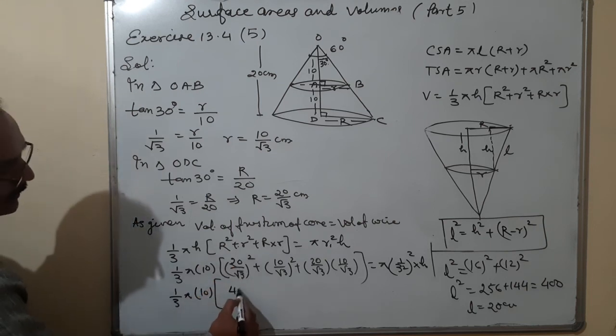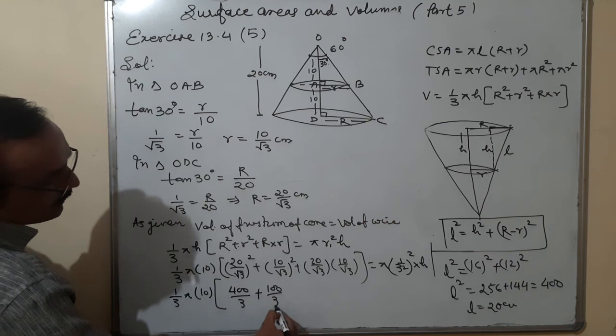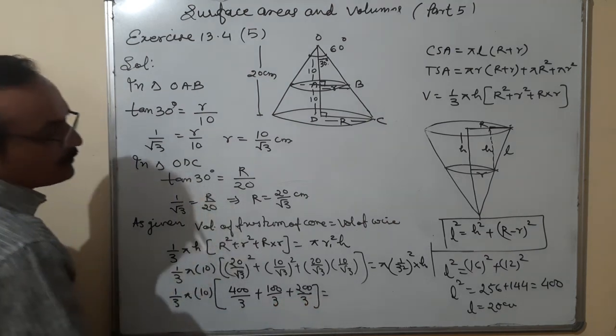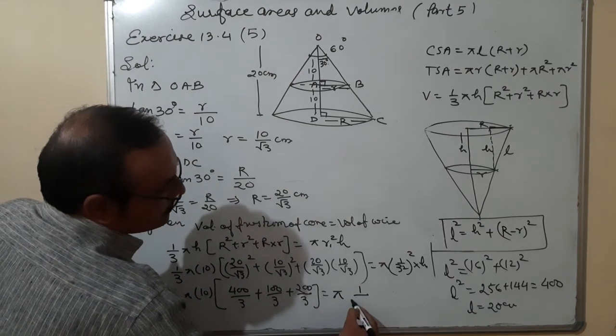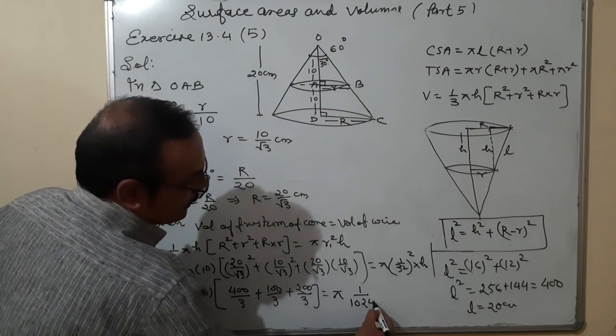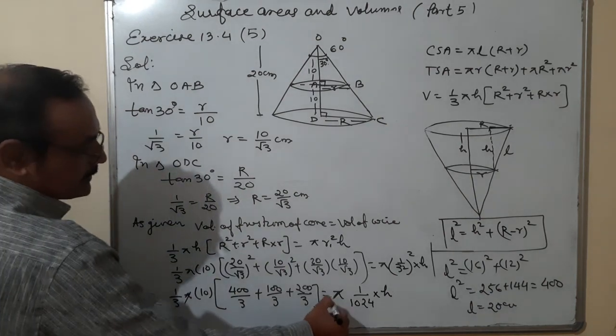So 1 upon 3 pi h, 20 square is 400 upon 3, plus 100 upon 3, plus 200 upon 3, is equal to pi 1 upon 32 into 32, that is 1024, into h. Pi and pi cancel.